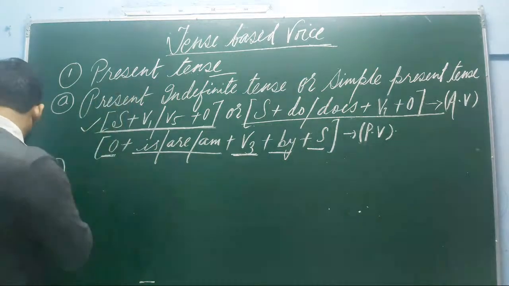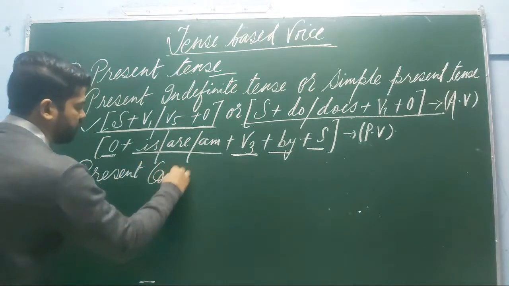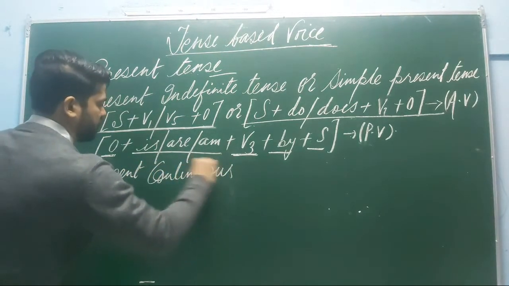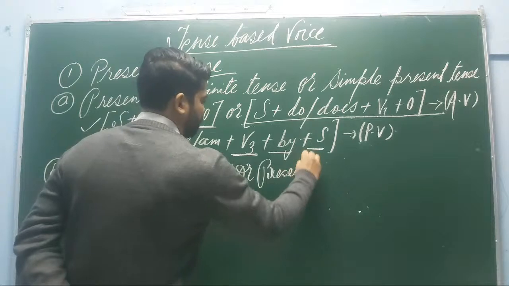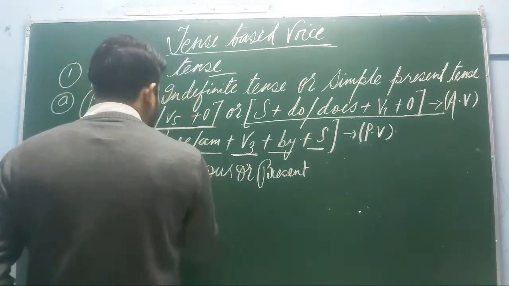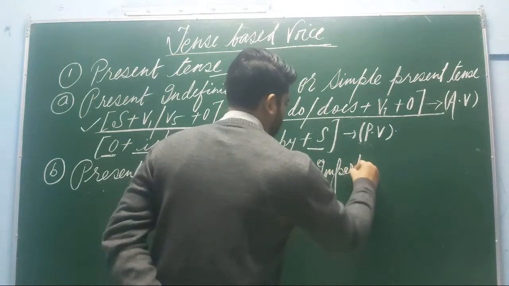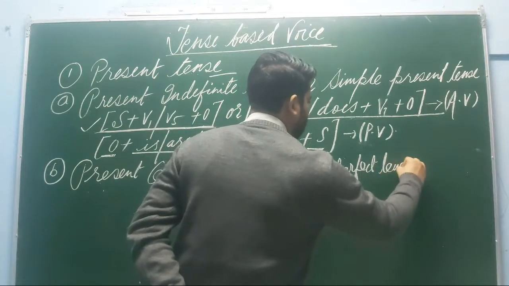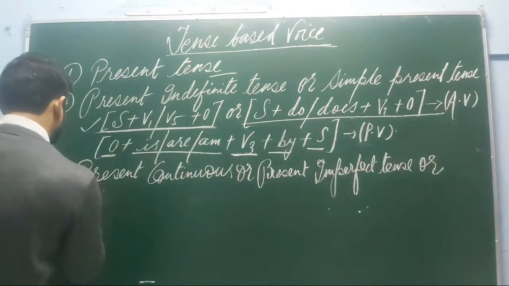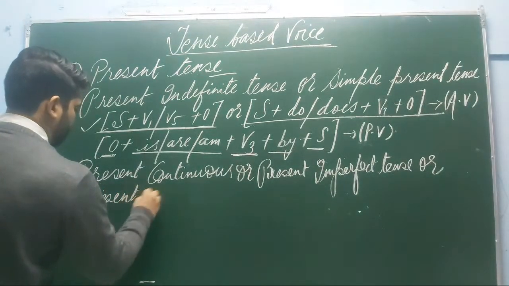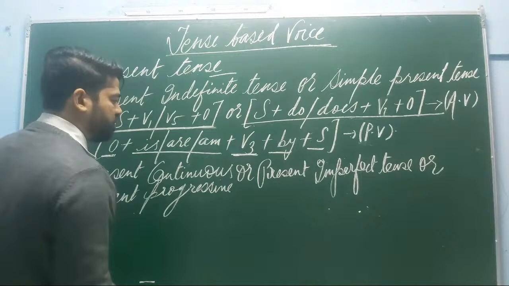The second form of the present tense is present continuous, or present imperfect, and the third one is present progressive, present progressive tense.